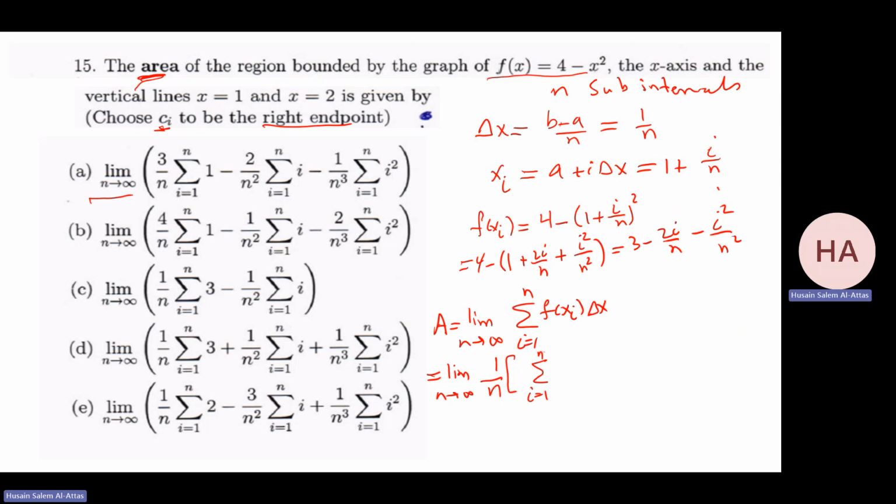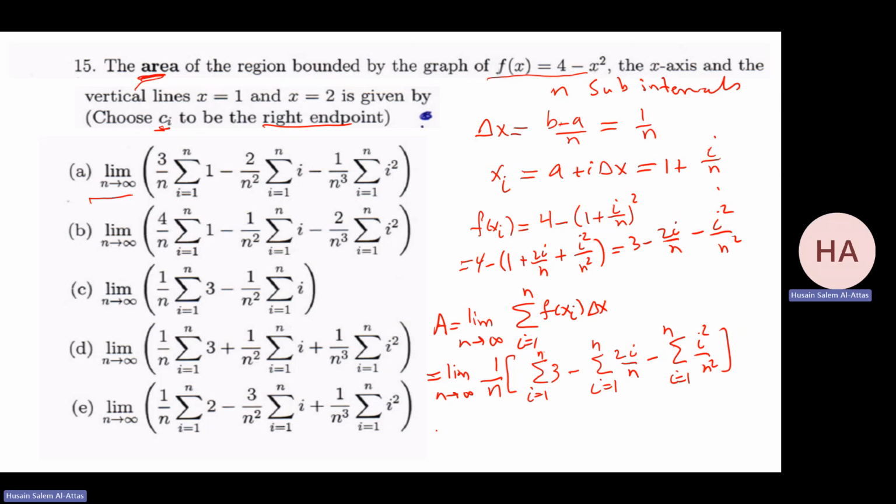From where does this 3 come? He took the 3 out. This is 3, minus summation i equals 1 to n of 2i over n, minus summation i equals 1 to n of i squared over n squared.